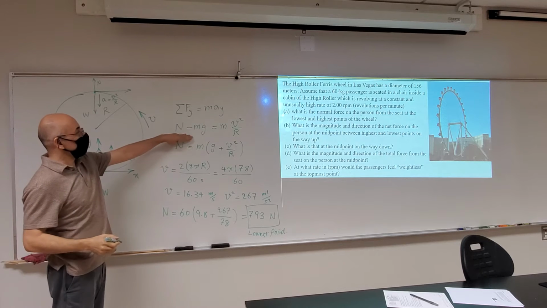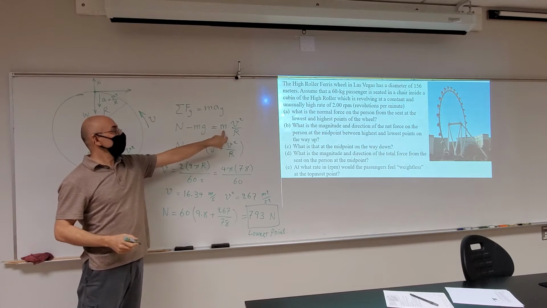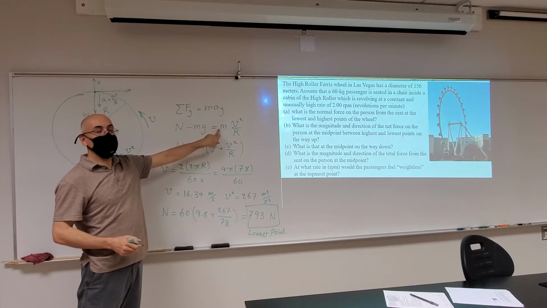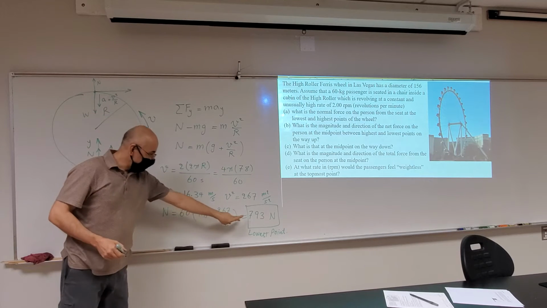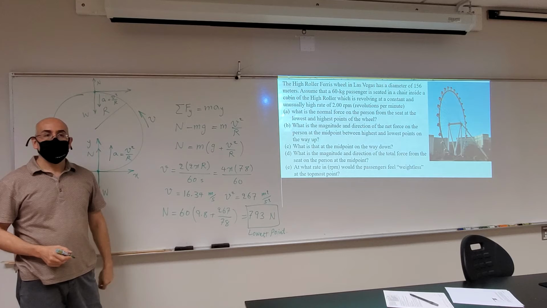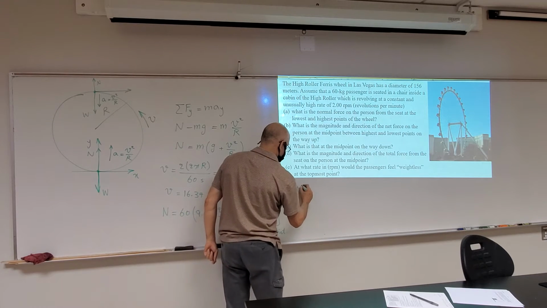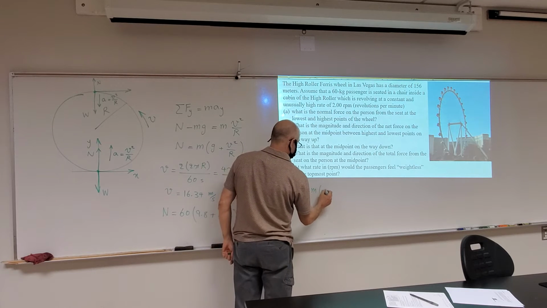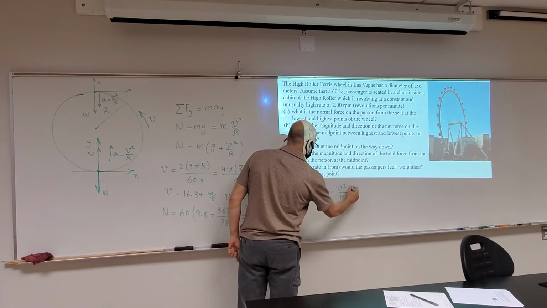So if I write this, I get N minus mg equal to m times negative magnitude of acceleration, right? So there's a negative sign here. So we get N equal to m times g minus v squared over r.